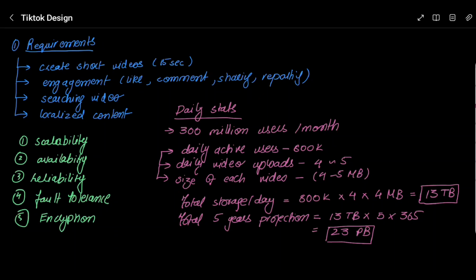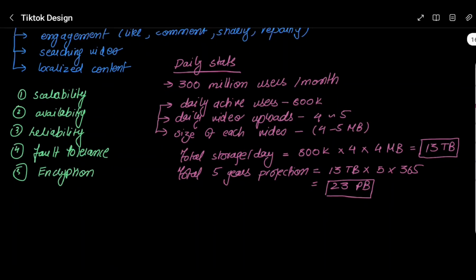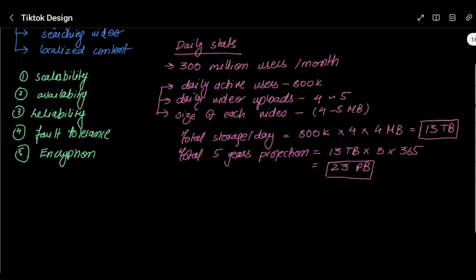Yikes. Now this can be a deciding factor whenever you're choosing a relational database or a NoSQL database or a blob storage, because that's a huge amount, and this amount of data would keep on increasing with time. So we have to make a choice that is cheaper and economical for our team and the company in terms of the future prospects. So let's talk about it a bit later.